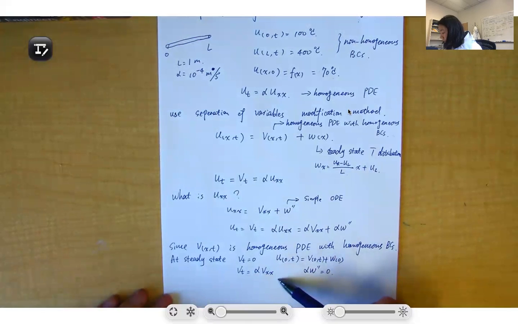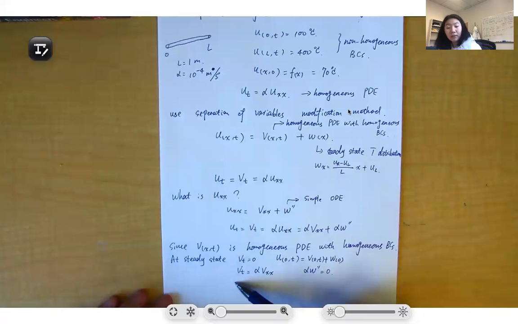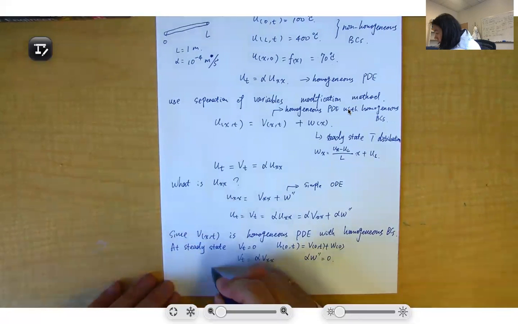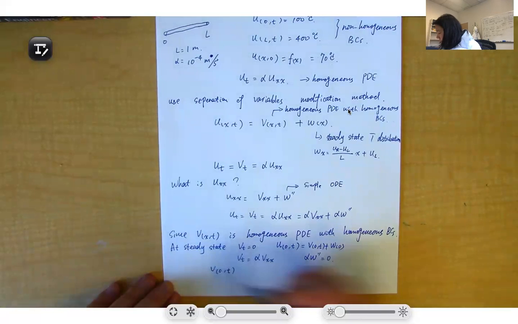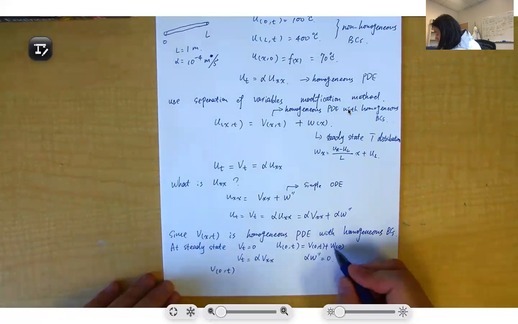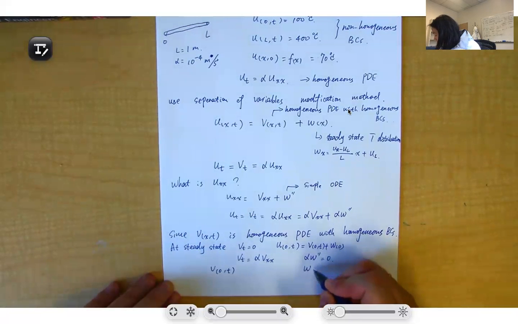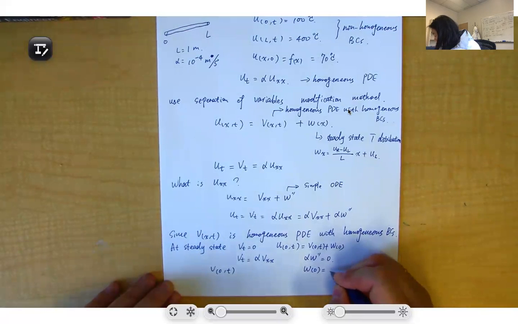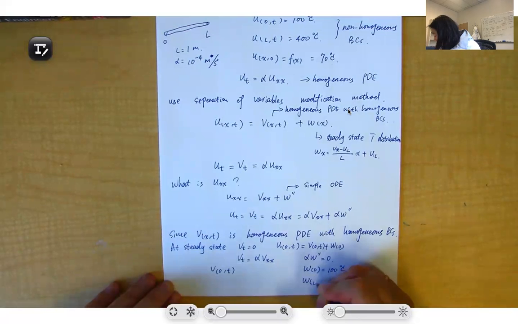And let's see the boundary conditions. So this part is a homogeneous PDE. Then how about the boundary conditions? Are they homogeneous or not? Then we have V(0,t). We have W(0) equals 100 degrees Celsius and W(L) equals 400 degrees Celsius.